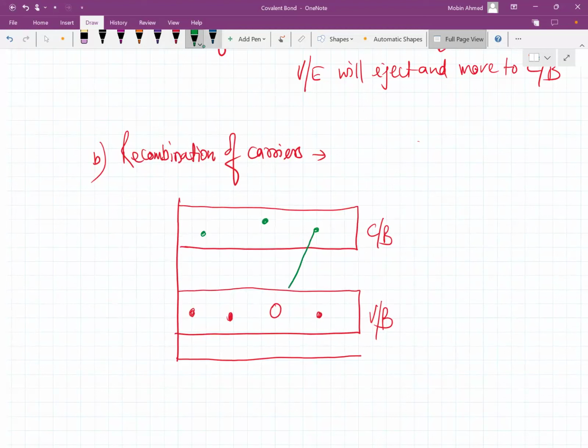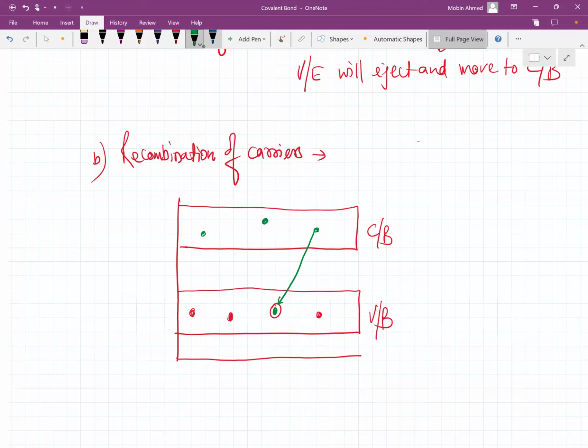Suppose this free electron falls here. Then it acquires this position. In the conduction band, a hole will never be created.